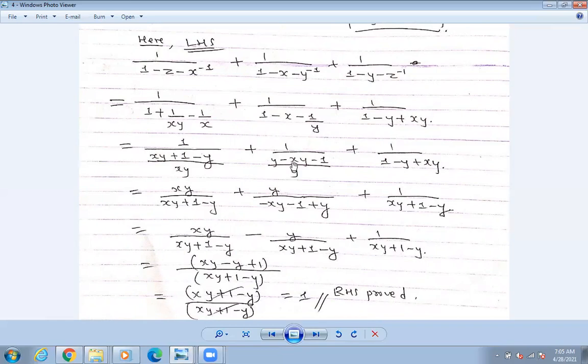Okay, so there is xy plus 1 minus y. So let us write down minus xy. Then there is 1, but there is minus sign, so let us write a -1. And after that, y is there. So what is the sign over here? Plus y, isn't it? So let us write plus y over here. Again, arrange in the similar way. So there's xy, so let us write xy. There is +1, so let us write +1.